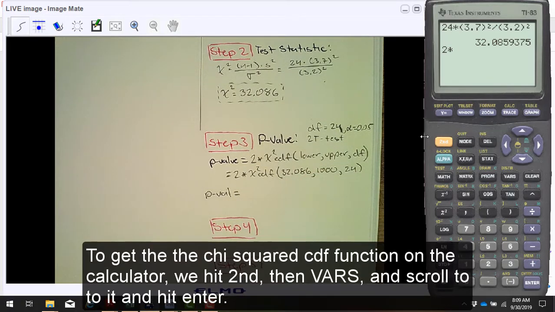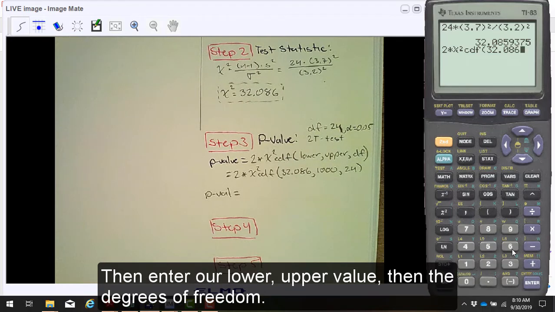To get the chi-squared CDF function on the calculator, we hit second, then vars, and scroll to it and hit enter. Then enter our lower, upper value, then degrees of freedom.